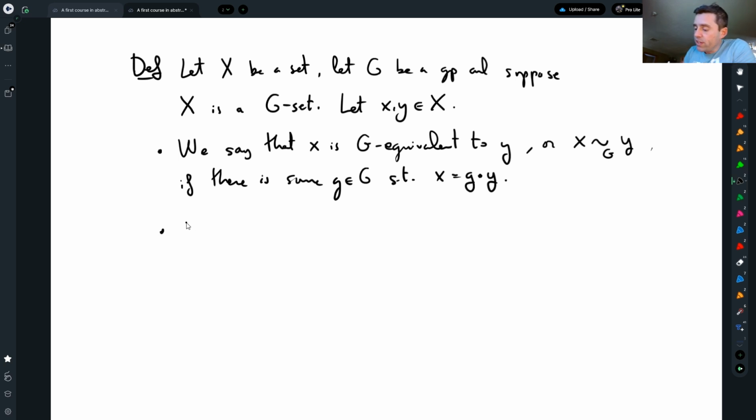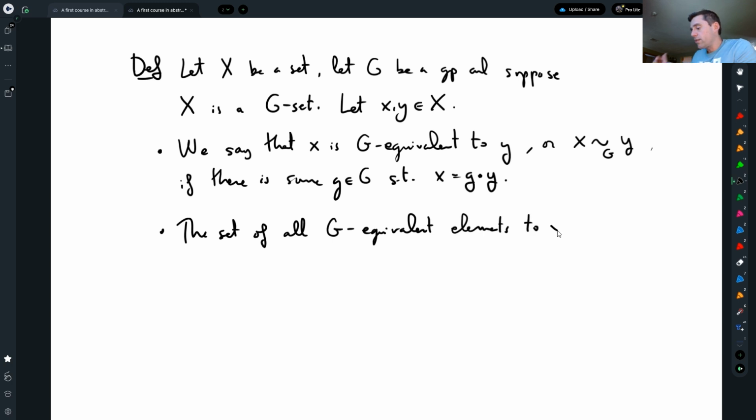And then we say the set of all G equivalent elements to x is the orbit of x, and we write it by G times x.